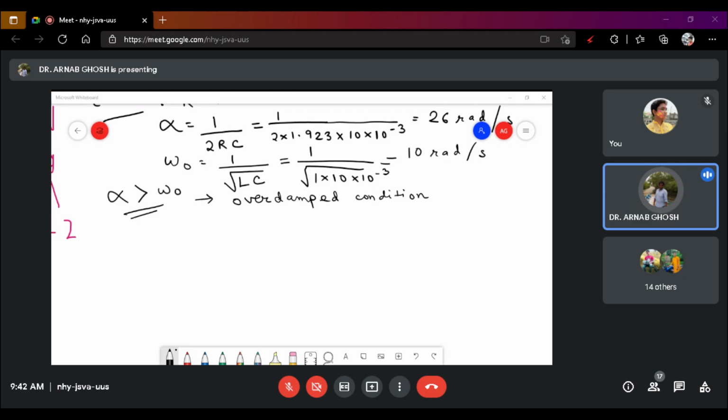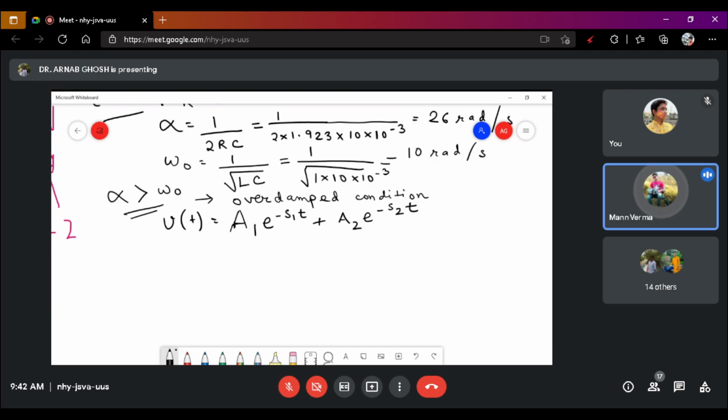The general expression is Vt is equal to A1 into e to the power S1t plus A2 into e to the power S2t. For overdamped condition, this is the general expression. Sir, is it minus or plus?